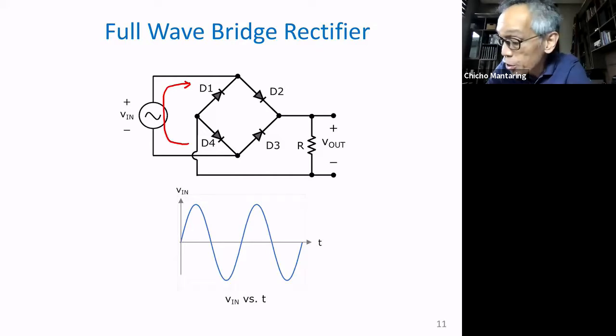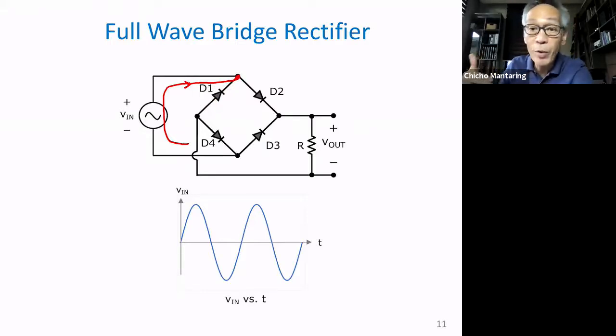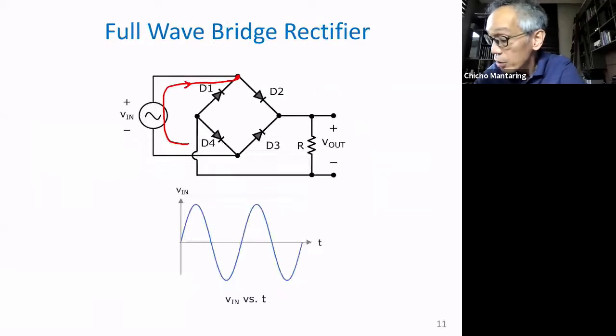Imagine positive charge flowing. When it reaches this node, it has two options. It will not go to D1 because that is against the D1 arrow. It cannot flow through D1 because that would mean current flowing from cathode to anode, which a diode does not support. So when it gets here, your current is going to flow this way.